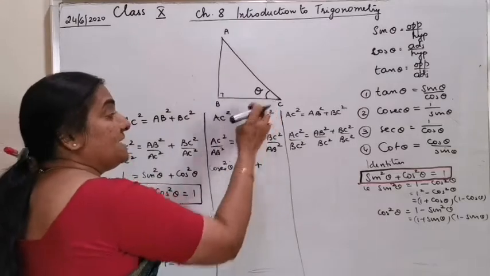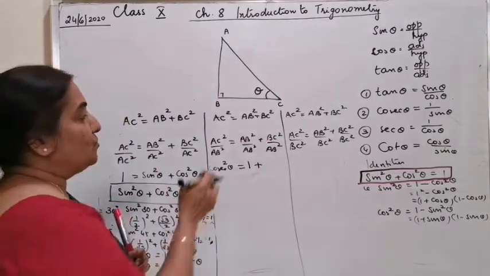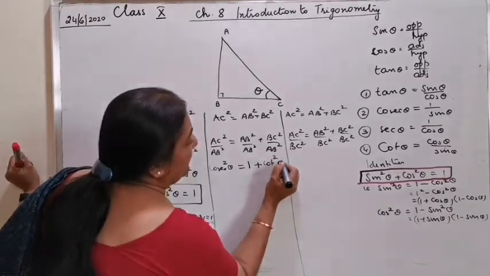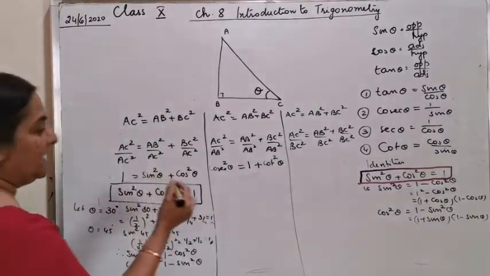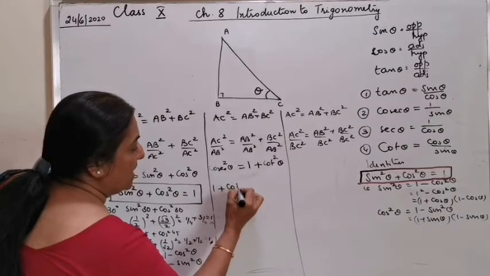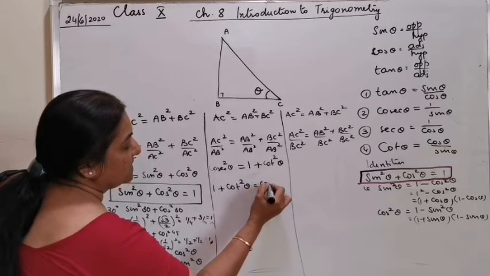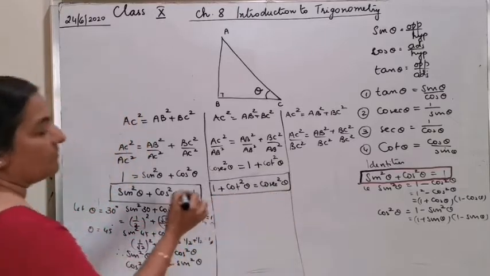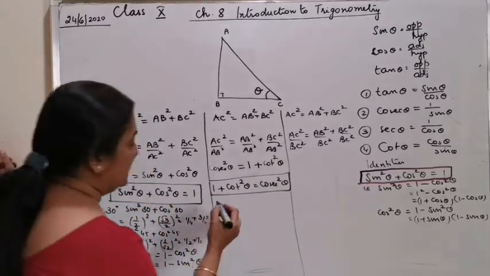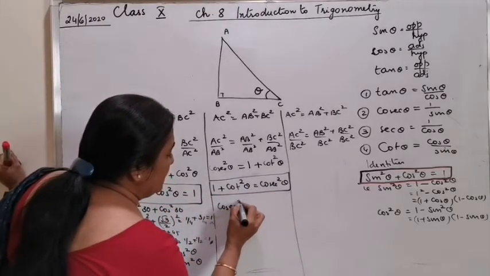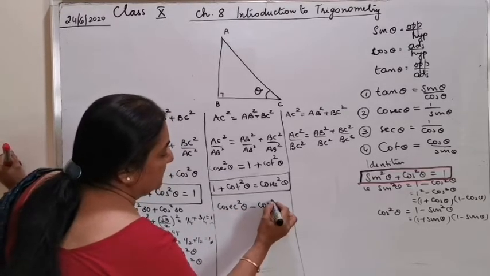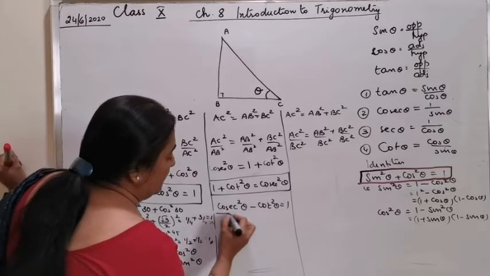AB by BC is tan theta. So what is BC by AB? It is cot square theta. So the second identity is 1 plus cot square theta is equal to cosec square theta, or as a result you can write it as cosec square theta minus cot square theta is equal to 1.